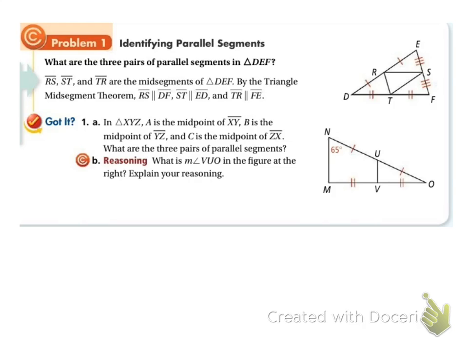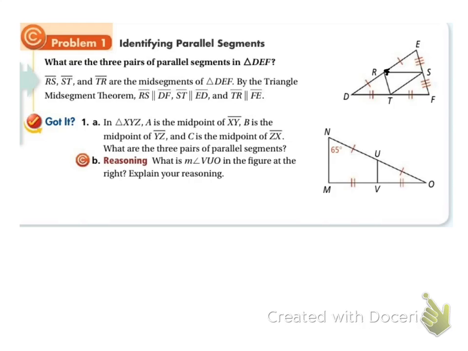Okay, so we can look at this picture here and see that R is the midpoint there, and S is the midpoint there because of the hash marks, right? So RS is a midsegment, and so RS is parallel to DF, excuse me.